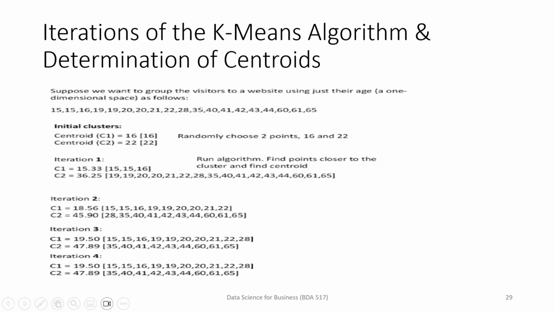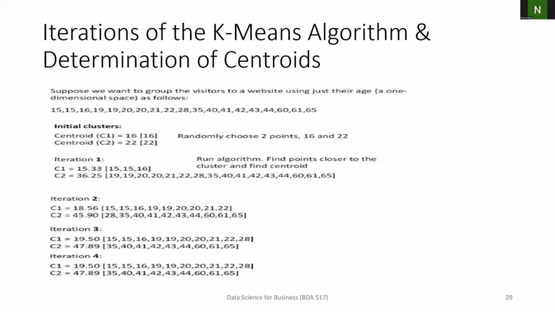These are the ages of people who have visited your website, about 20 or just over 20 of them. You've picked the ages of everybody who has visited your website, for example. So we want to create some clusters, let's say just 2 clusters.